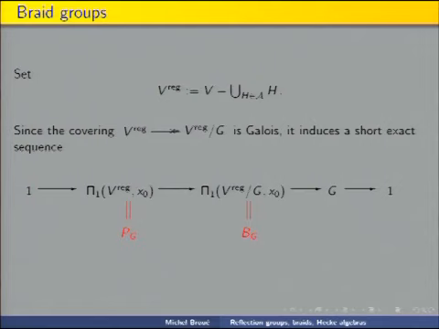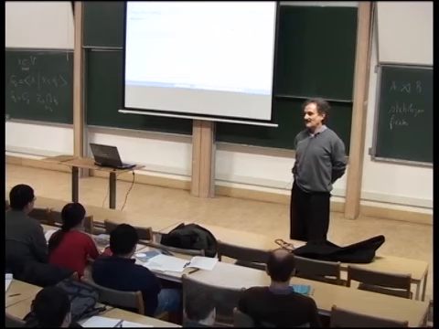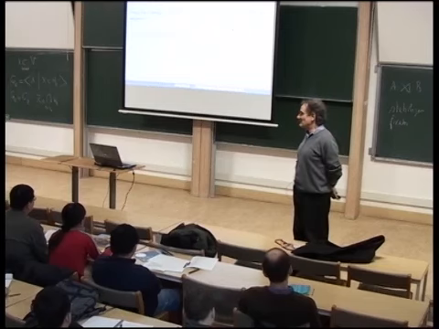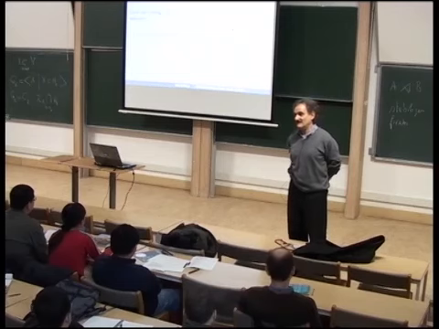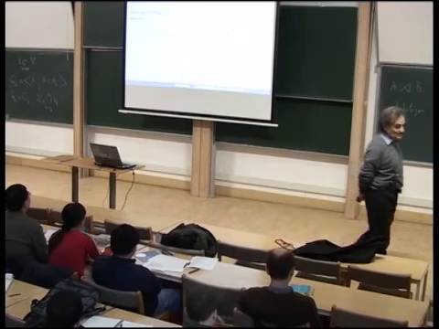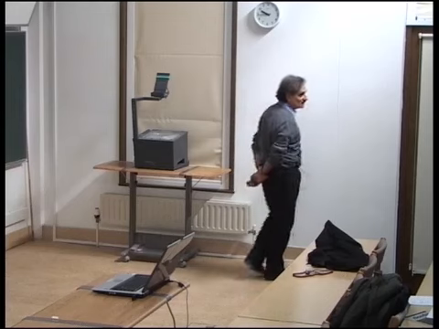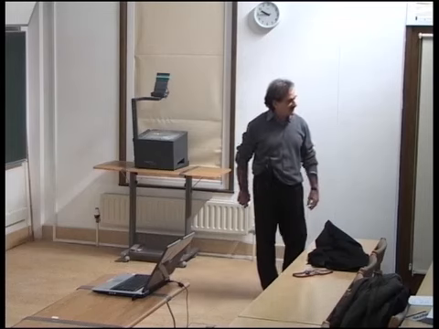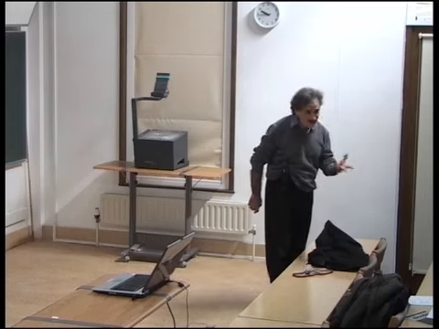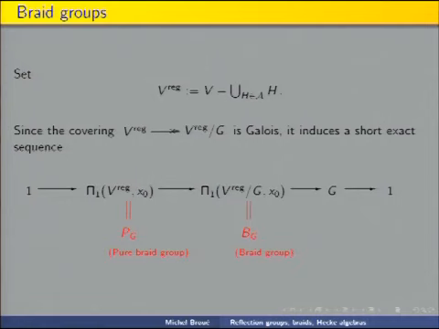The fundamental group of V_reg mod G is called B_G. Bad notation, of course, because you have to keep track of the base point. If you change the base point, you do have isomorphic groups, but with maybe several isomorphisms, so they are not really functorially defined. There is not a unique isomorphism, so you do have to take care of the base point. And P_G is called the pure braid group, and B_G is called the braid group.